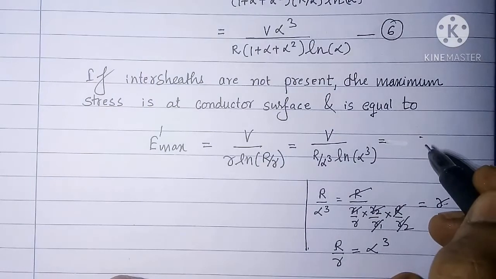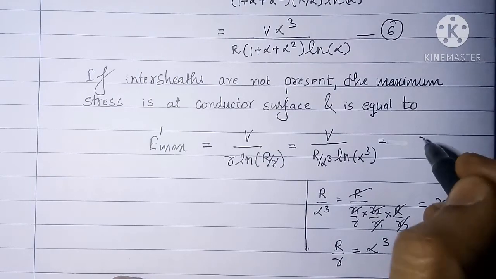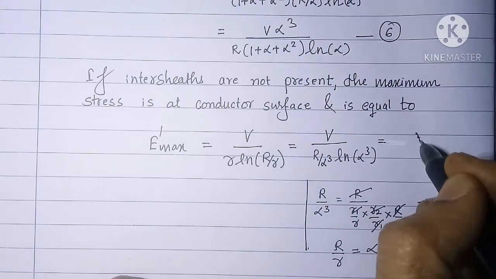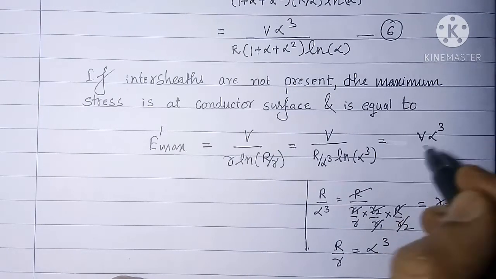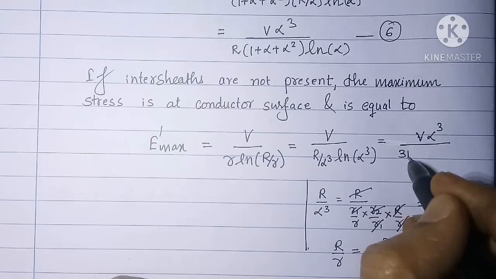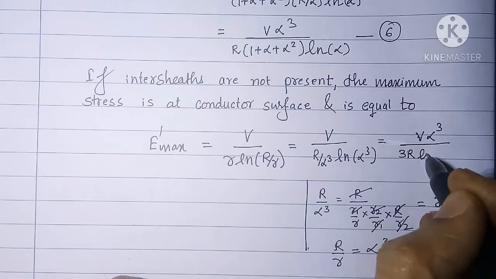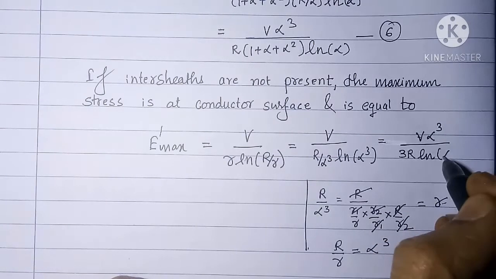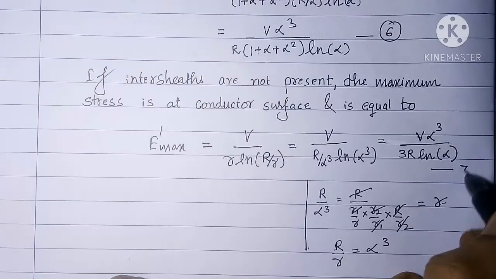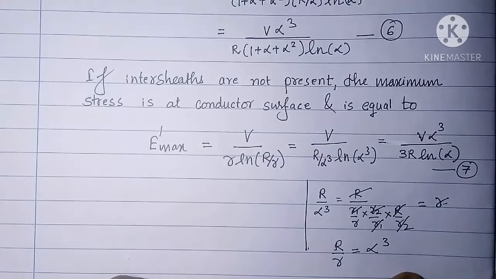Now using laws of logarithms we can write, by taking this alpha cube to the numerator, V alpha cube upon 3r into ln of alpha. Now let us call this as equation 7.